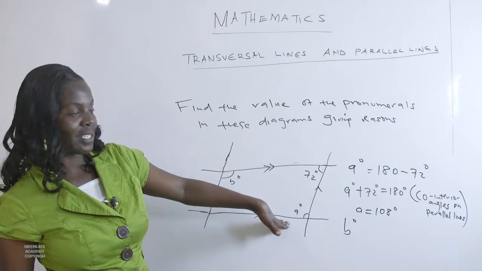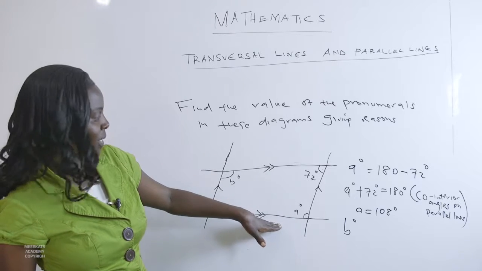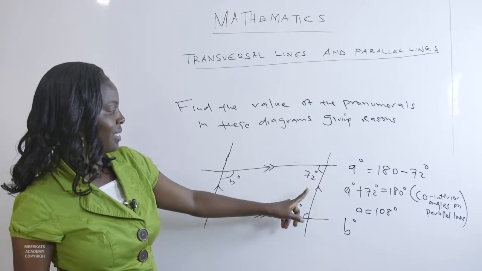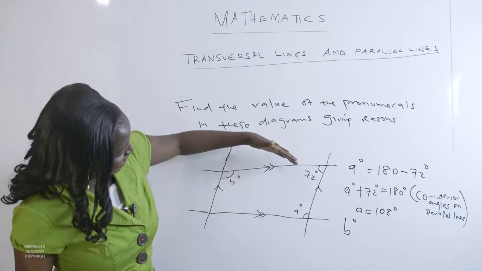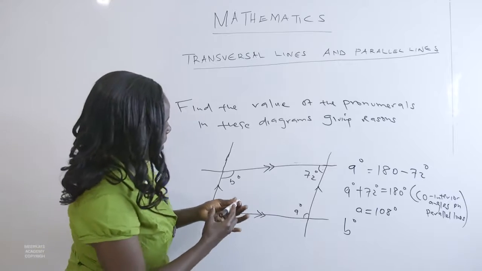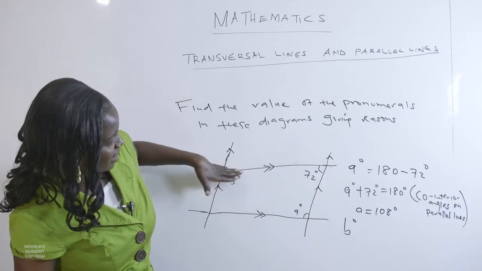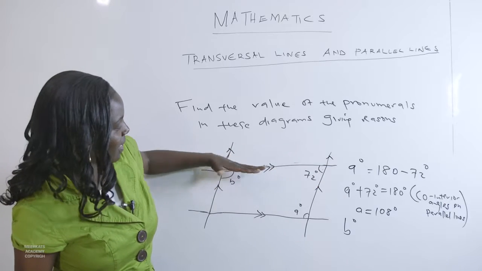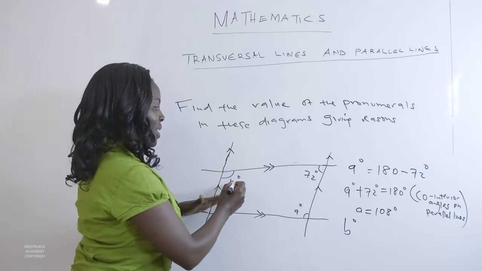This line and this line are parallel. This line and this line are parallel. We also have this line and this line parallel. So if this line and this line are parallel, then this will be our transversal.